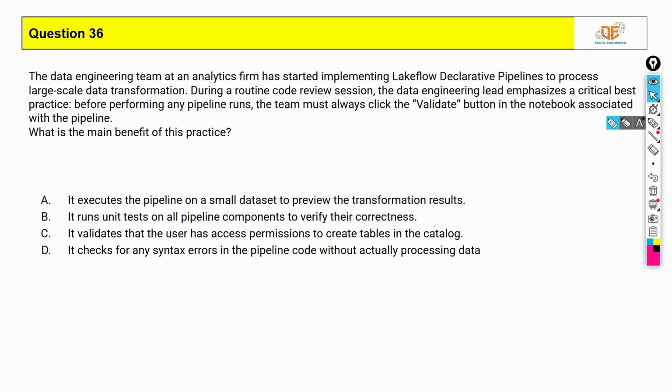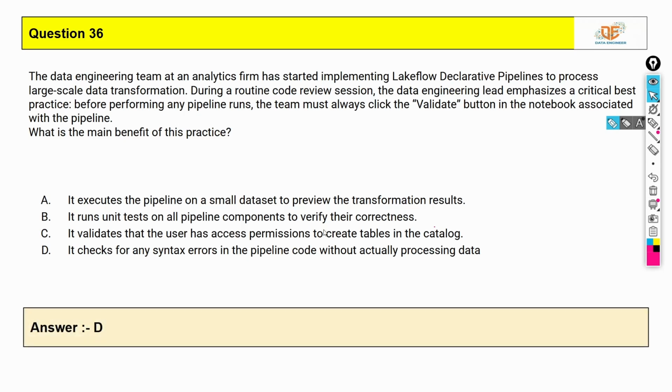What do debug or validate do? It won't run the data, but it checks everything, whether the syntax and the code we have written are correct, so that before running we get all this information and can run it successfully. So the answer is going to be D.